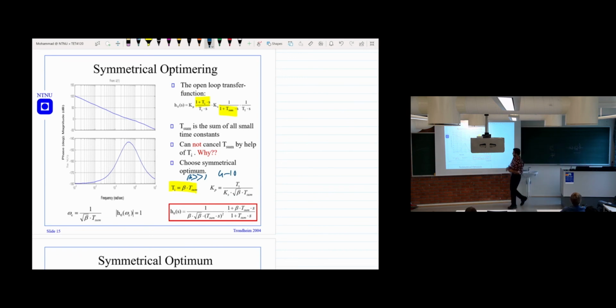So once you have this beta, what will be the frequency characteristics of this open loop transfer function?